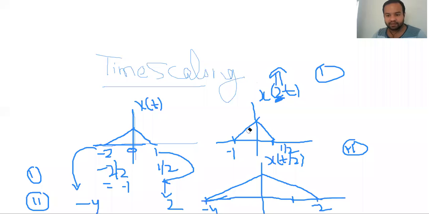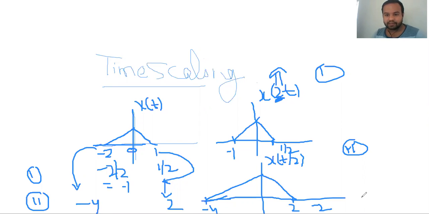Let me erase this, it should not be here, because it should be reflected in the graph as well. So the 2 should be here.